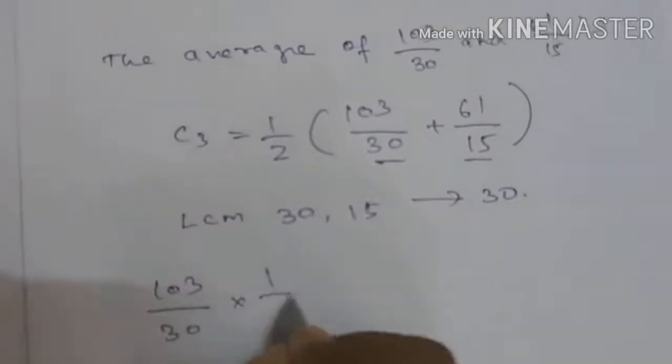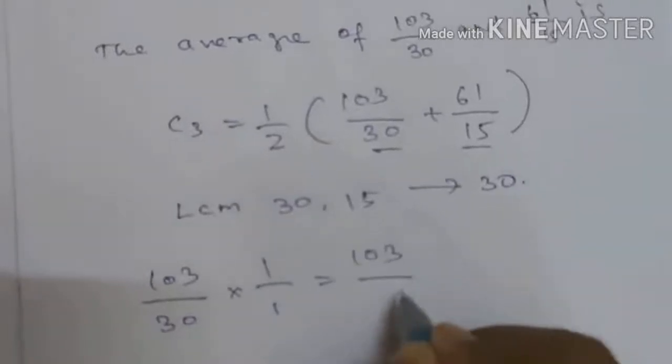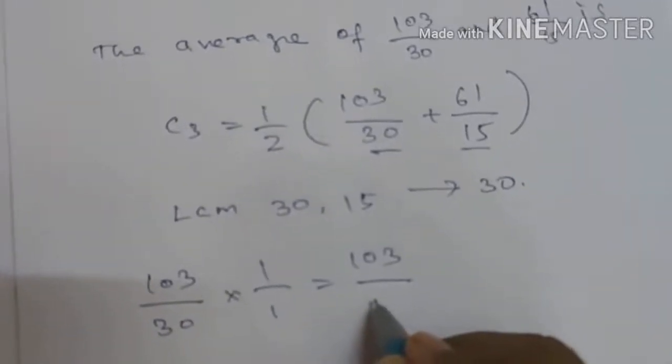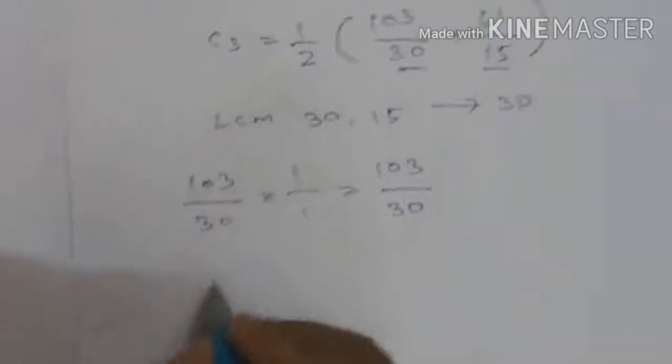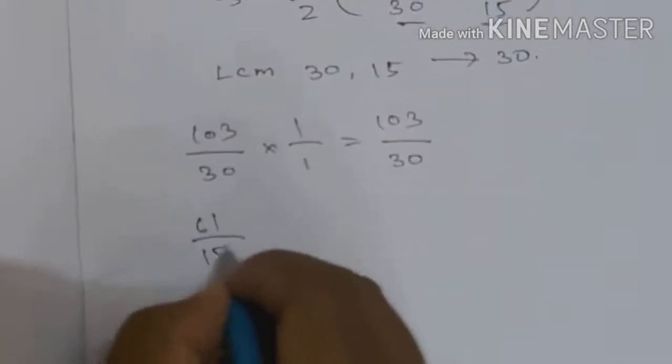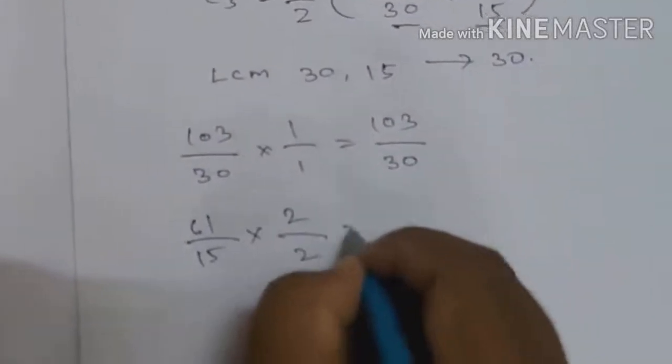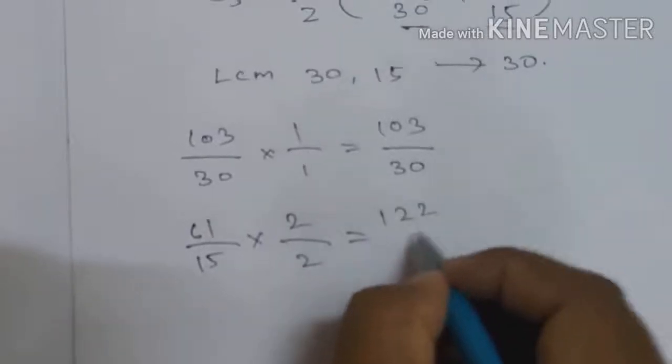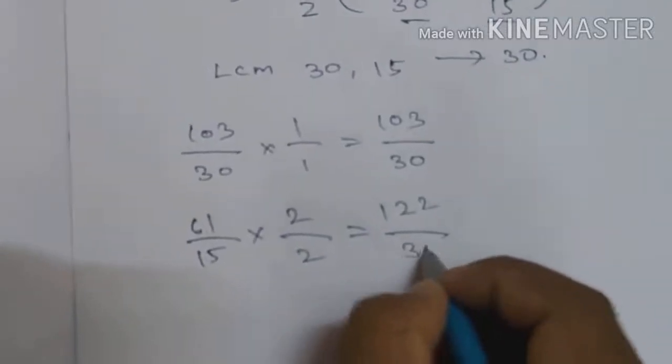So 103/30 multiplied by 1/1 equals 103/30, and 61/15 multiplied by 2/2 equals 122/30.